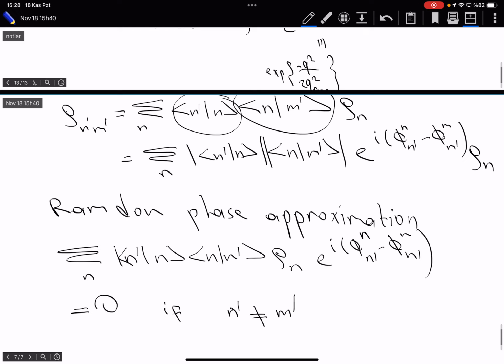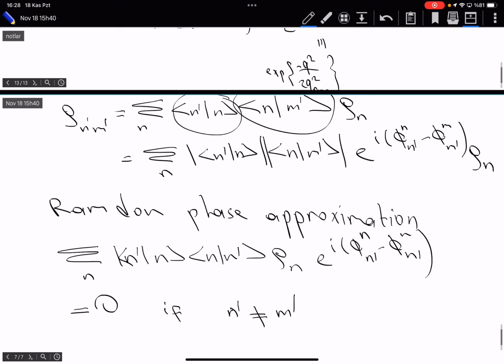Why is it 0? Because of those phases. If you imagine the complex plane, these numbers will be all pointing in different directions. And so when I sum them up, it's not a coherent sum, it's just a random sum. Some of them will be pointing in this direction, the other one in that direction. So the sum is assumed to be 0.